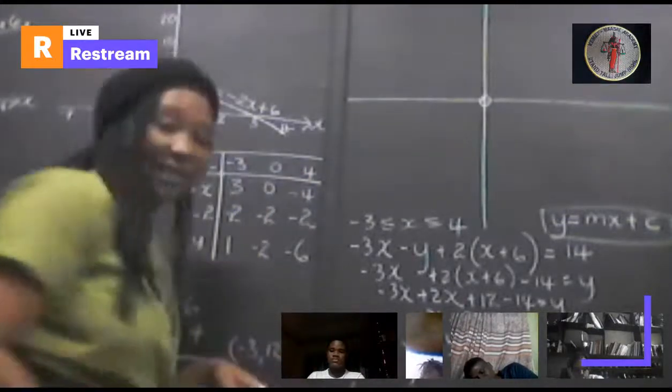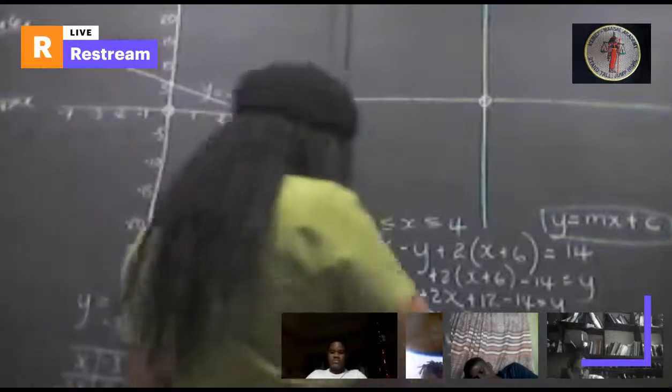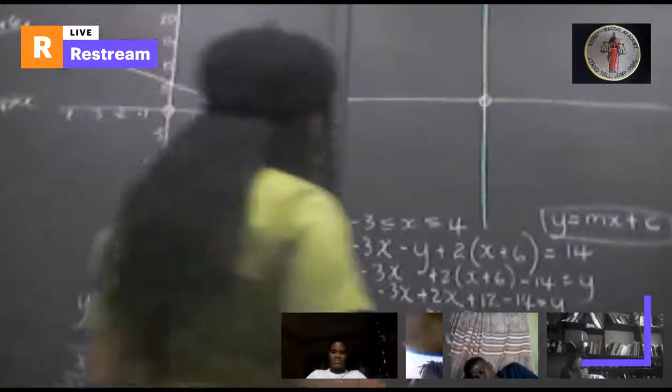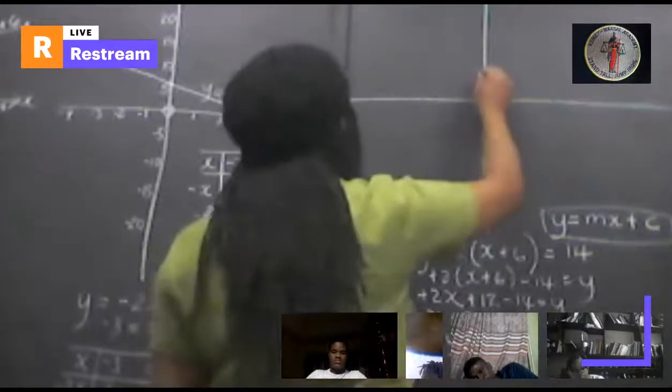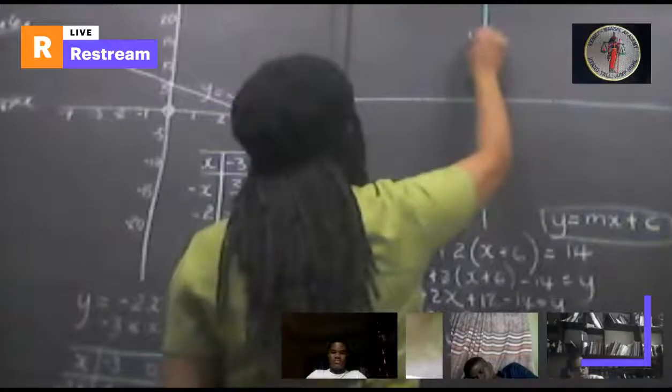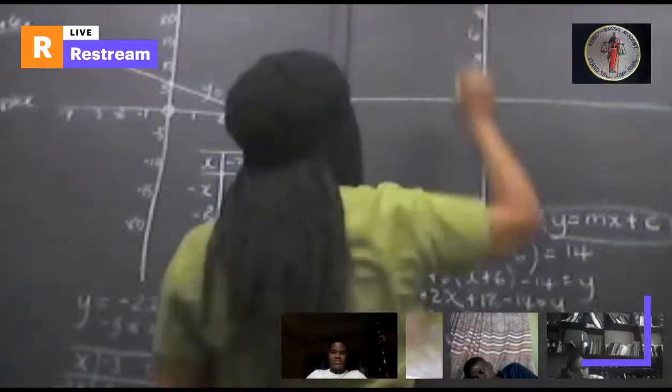All right, so that's what I'm going to plot now. On my y values, I can go by 2. The numbers are not very big at all.